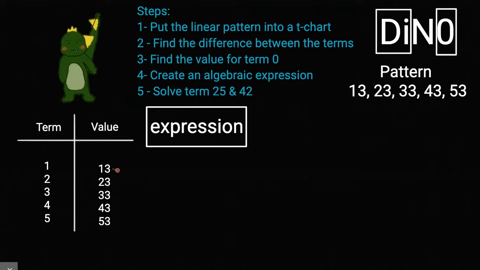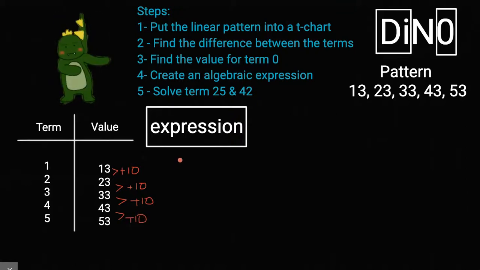The difference between the terms here is plus 10. Again, plus 10. Plus 10. And plus 10. So the difference between the terms, or the d in dn0, is 10.